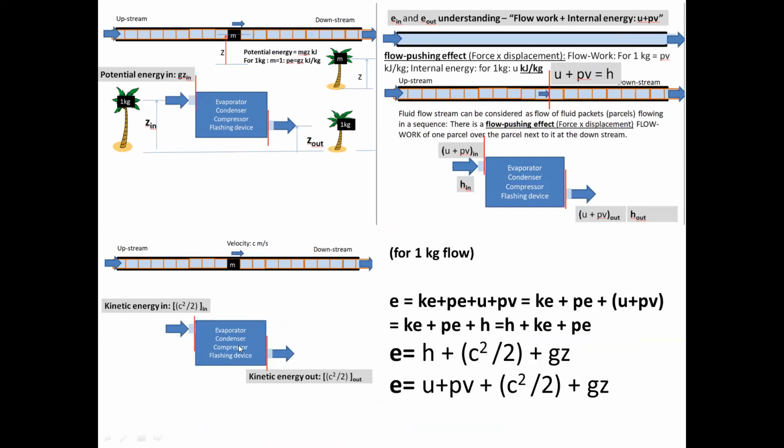All three components are here: flow plus internal energy is in this E, U plus PV, that is H. Kinetic energy is here. Potential energy is here. I think I will add that.